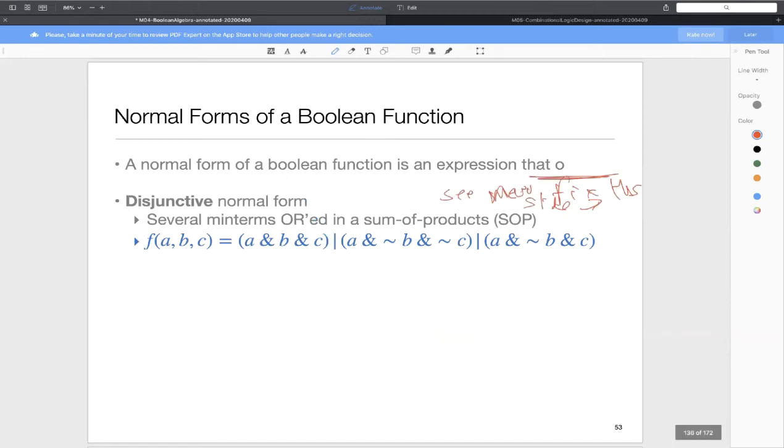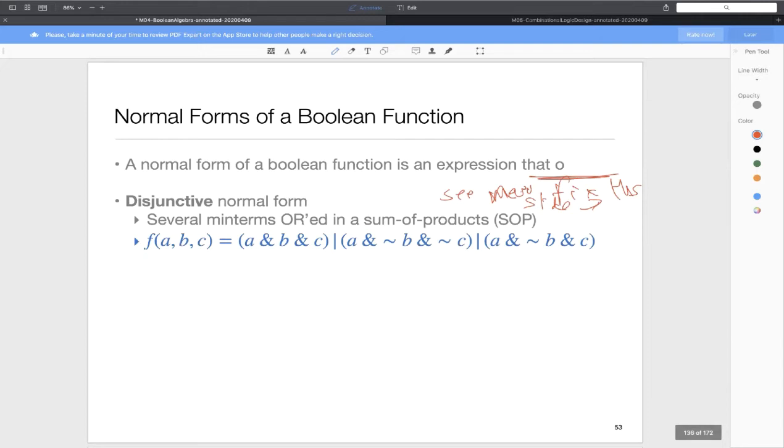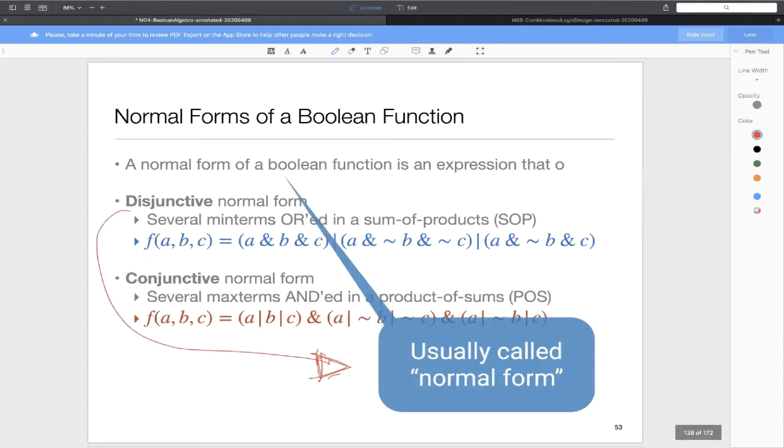Oh, okay. Your definition. Basically, in mathematics, normal form means a unique way of writing something. So it's a form of a Boolean function expression that has a unique representation.